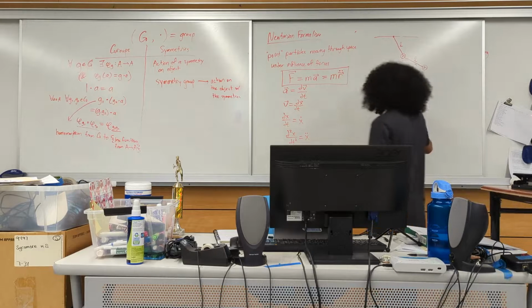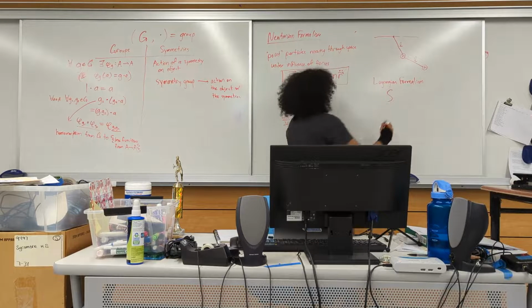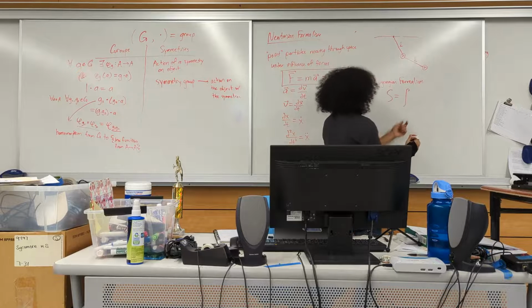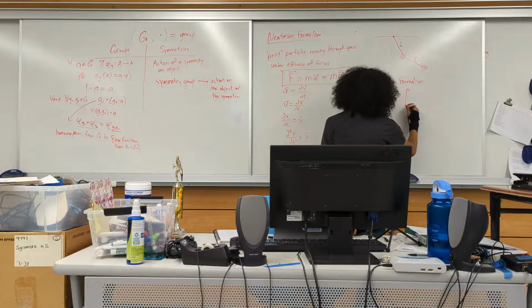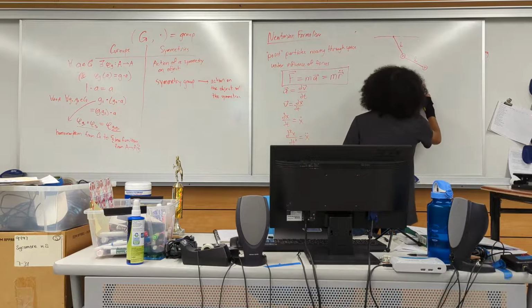So in this case, what we're going to have is something called the action, which is equal to the integral from, let's say I have two endpoints of time, a to b is a time interval. You're going to integrate a quantity called the Lagrangian over time.